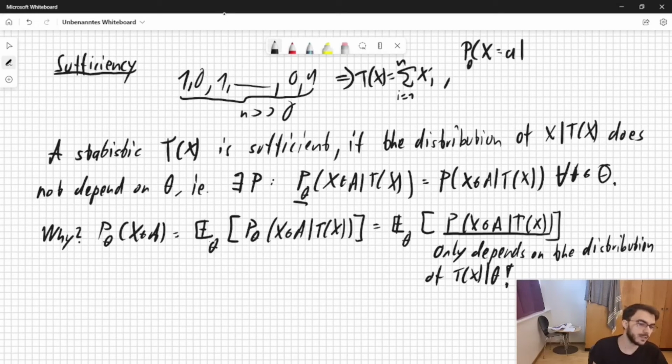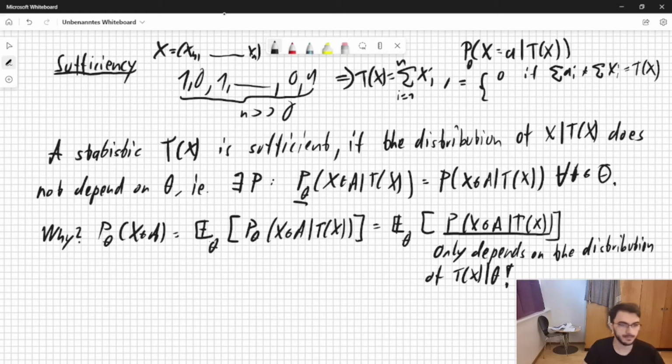The probability of this given T of X, if we know the sum: first of all, this is 0 if the sum, here A is some vector, X is like a vector of x1 to xn denoting all of these coin tosses. If the sum over ai is not equal to this sum, it's just 0, because then it's impossible that this event occurs.